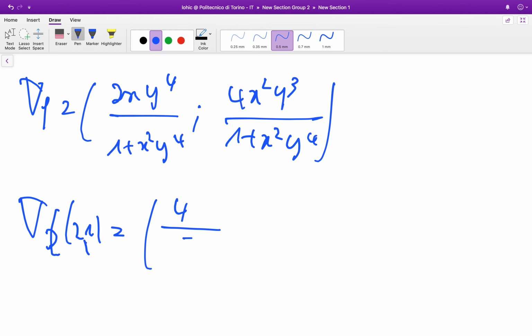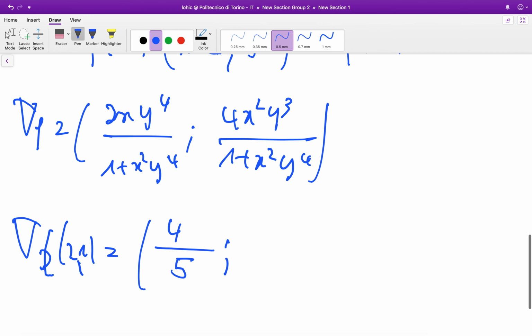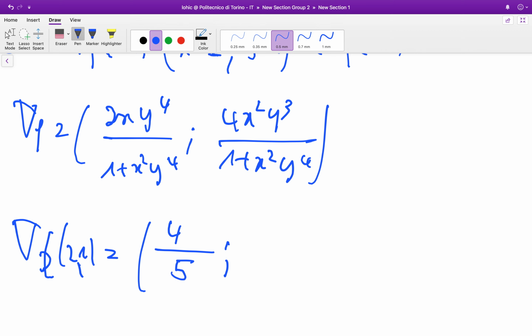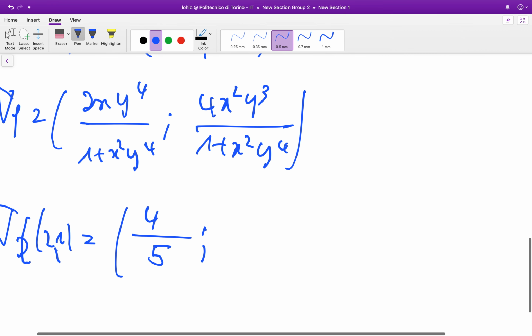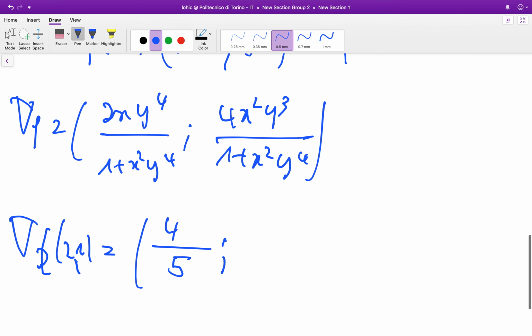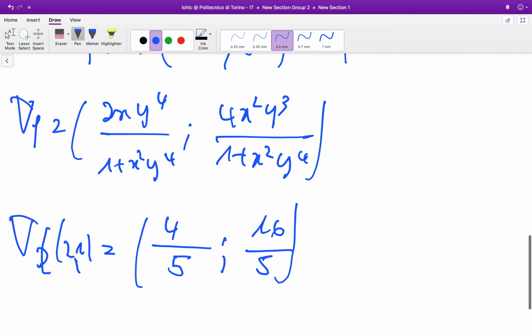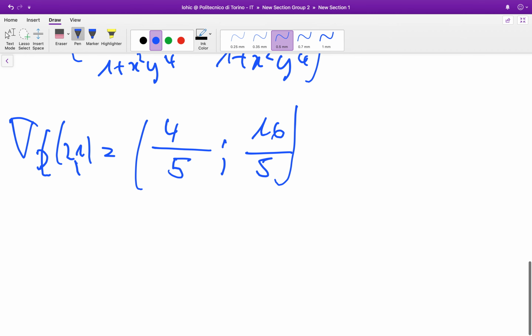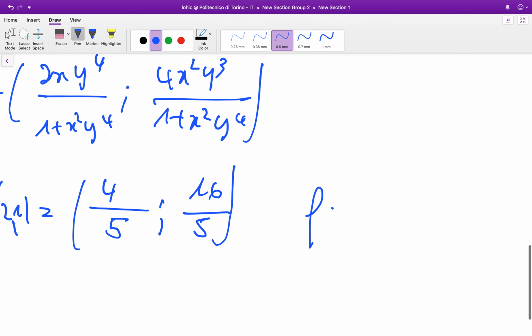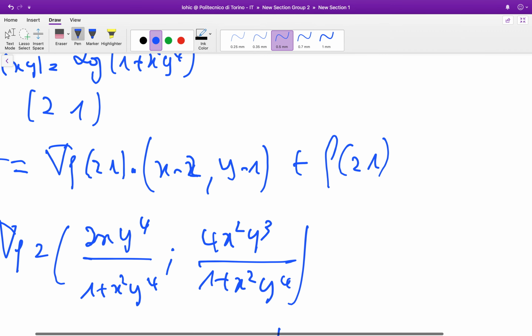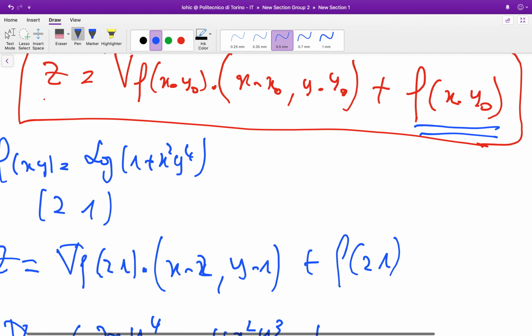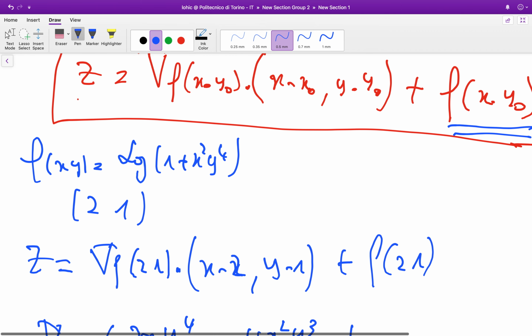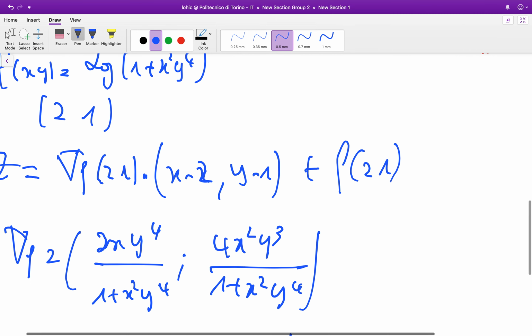Am I right? This is the gradient. And what is f of 2, 1? f of 2, 1 is log of 5.